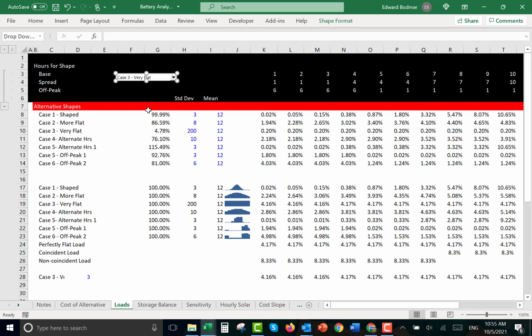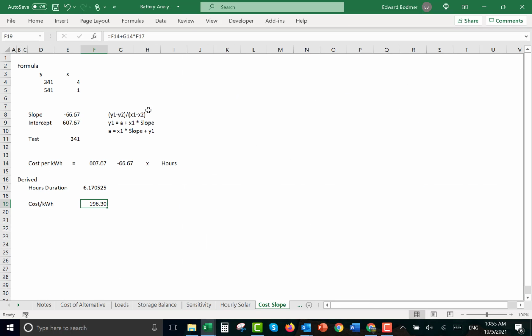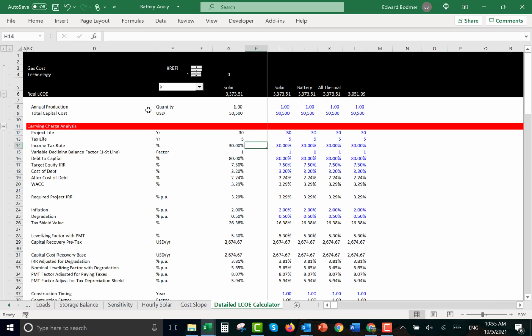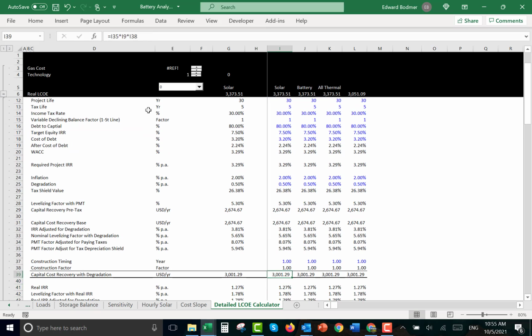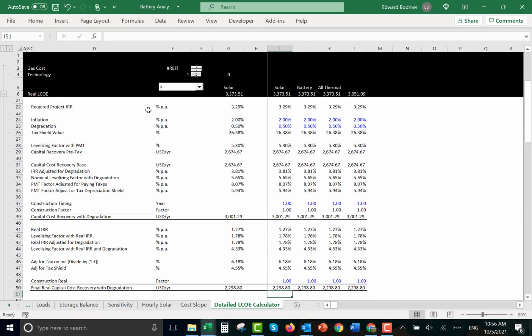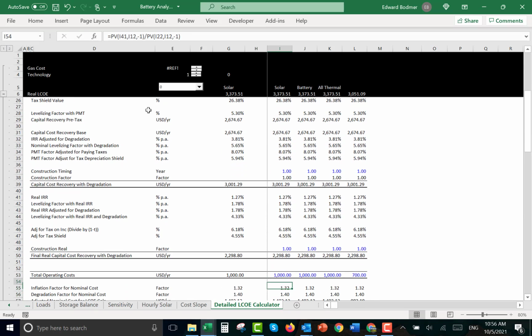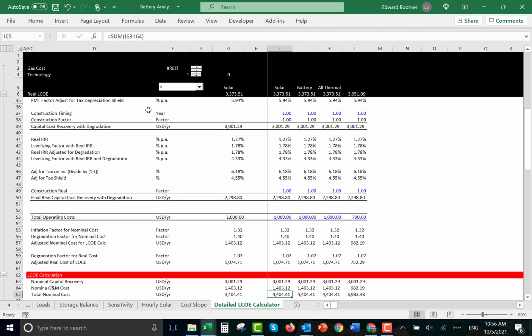And then instead of me obsessing about how do you model the degradation, how do you model the tax shield, how do you model the timing of the construction, how do you model the inflation and get this into appropriate real costs, not the complete, utter, and total crap that Lazard gives you, where they don't tell you whether it's real or nominal.